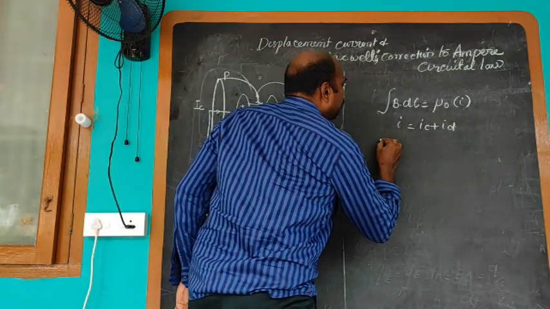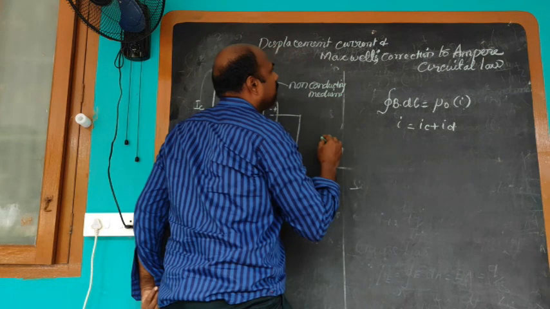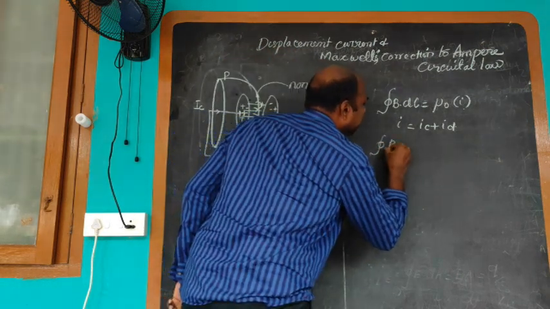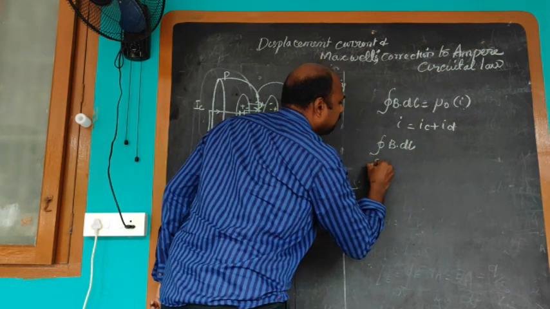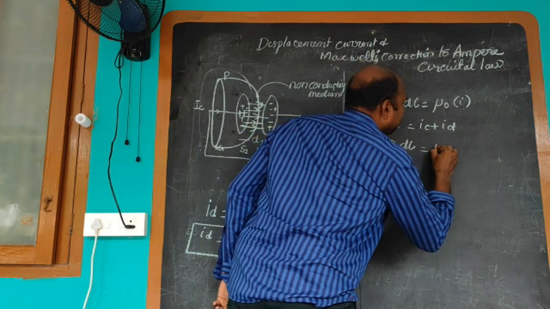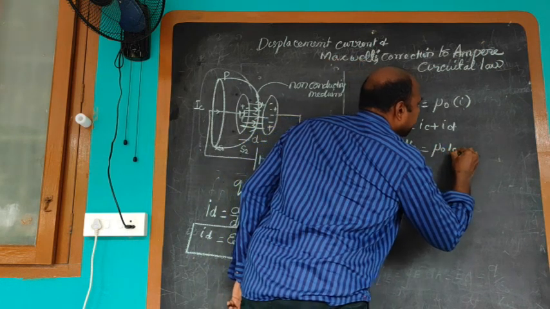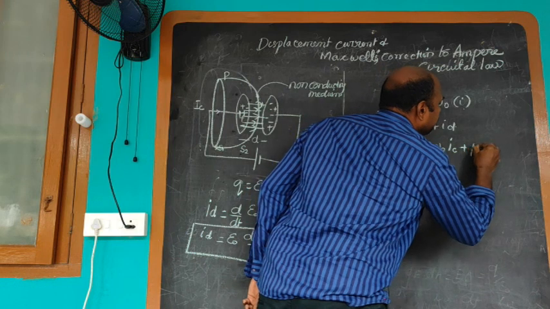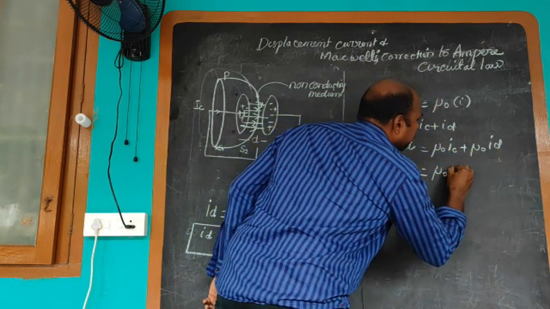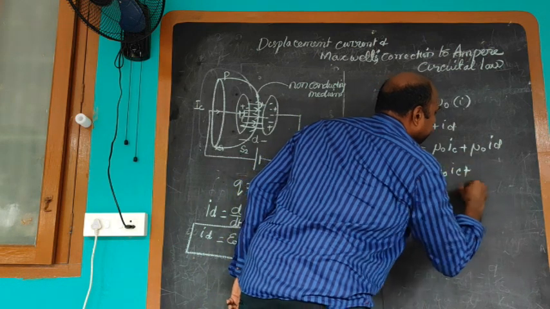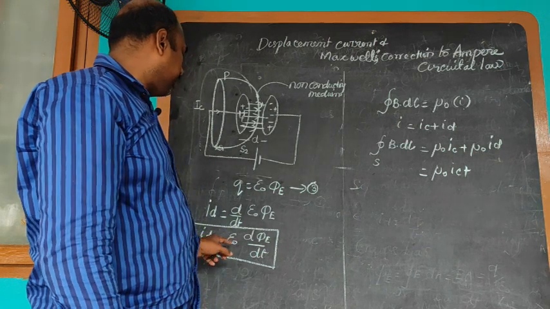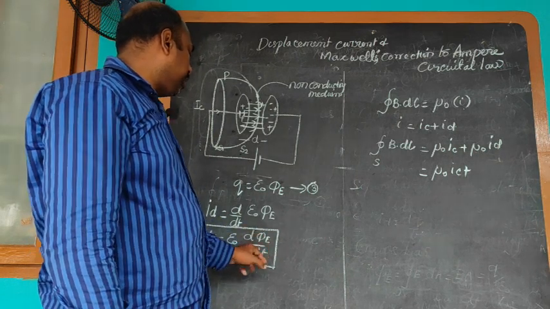So he corrected Ampere's law by writing B dot dl over the surface is equal to mu 0 IC plus mu 0 times ID. We know the value of ID, the displacement current, which we already found: epsilon 0 into d phi E divided by dt.